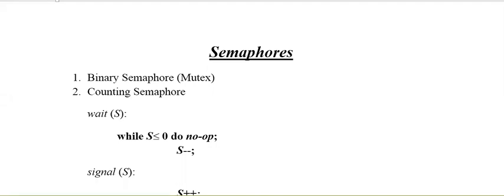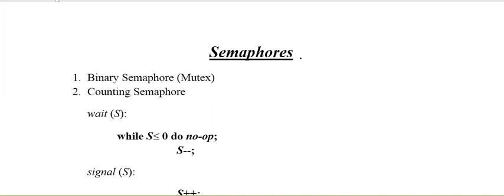Further, we moved into hardware-based solutions. We had picked that we can disable all the interrupts, or we can use the TSL, that is test and set lock. Today we are going to pick another solution, that is by deploying the semaphore.